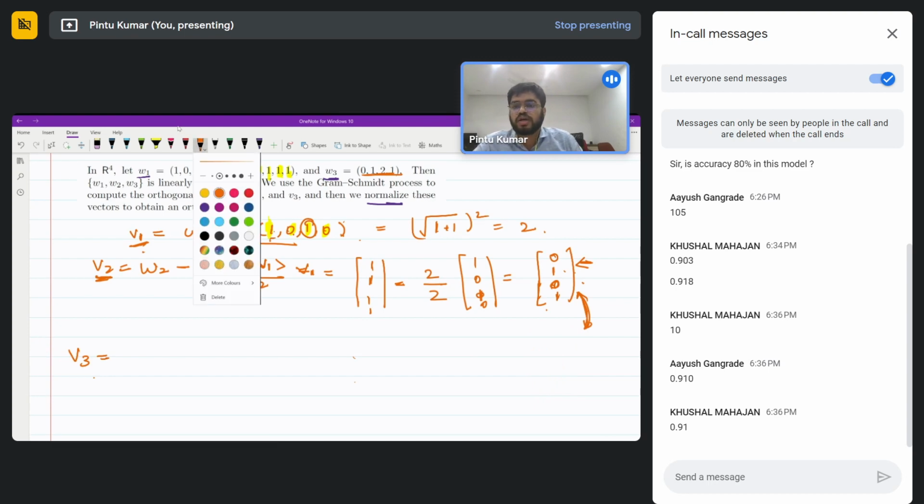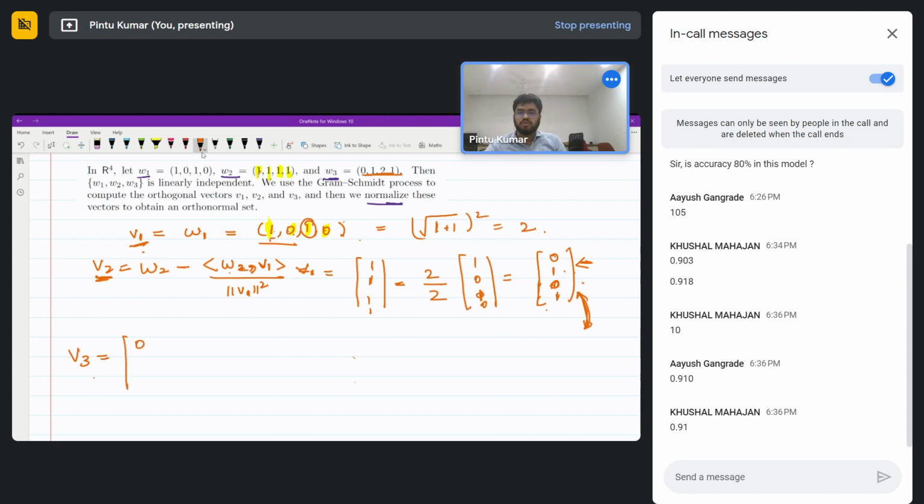ठीक है, तो V3 क्या होगा अब हमारा? V3 would be this is 0 1 2 1 minus W3 का डॉट प्रोडक्ट with W1 divided by W1 norm W1, and the rest part we just calculated. This was minus 1 times V2, right? We just calculated it, that's why I'm not writing it. Its formula is W3 comma V2 divided by V2 square V2, right?